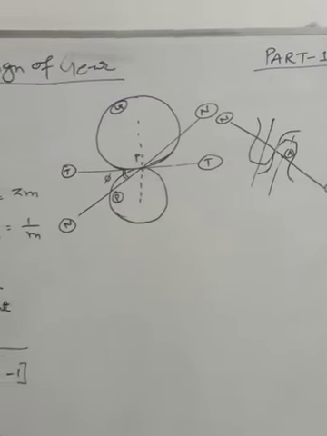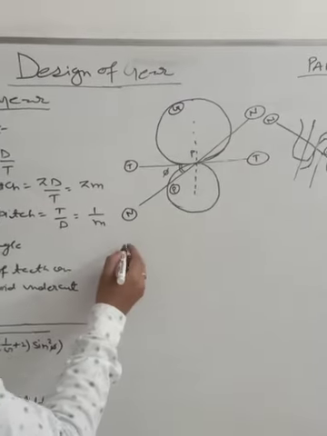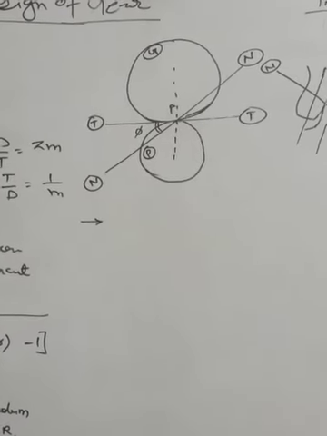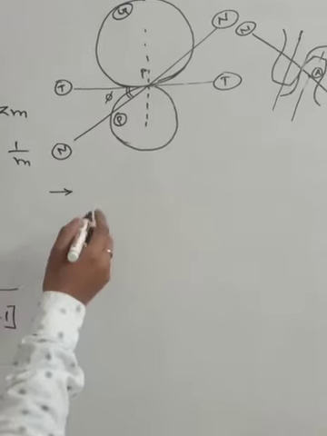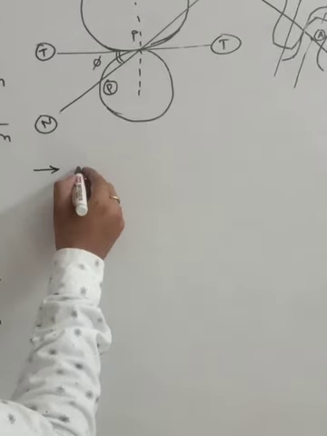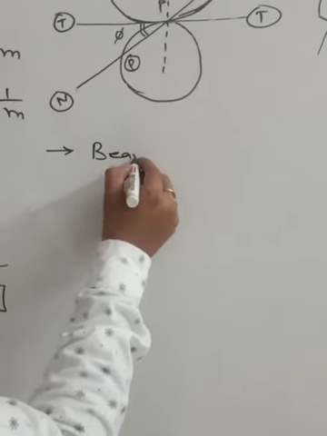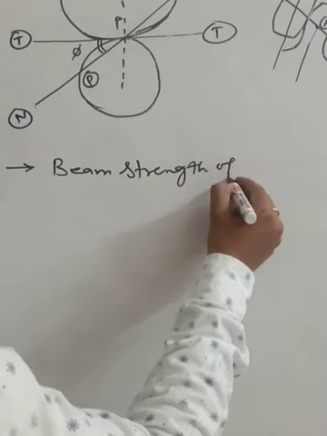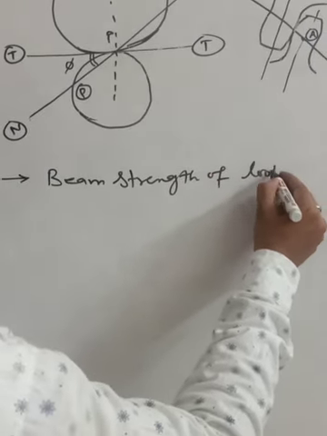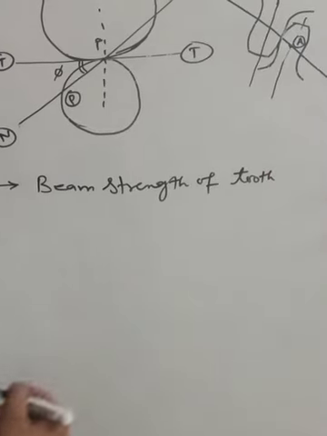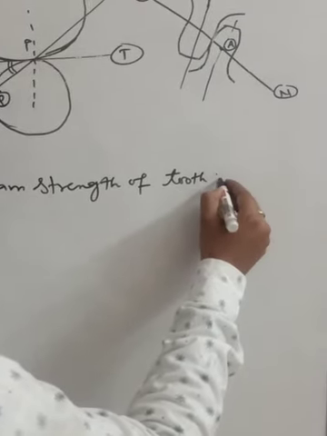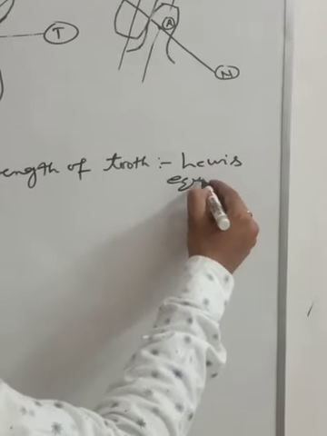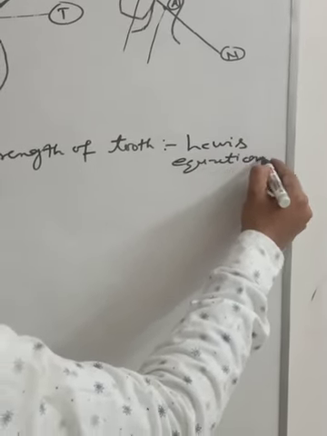Now using this concept, the design procedure has a first concept which is known as the beam strength of tooth, or it is also known as the Lewis equation.